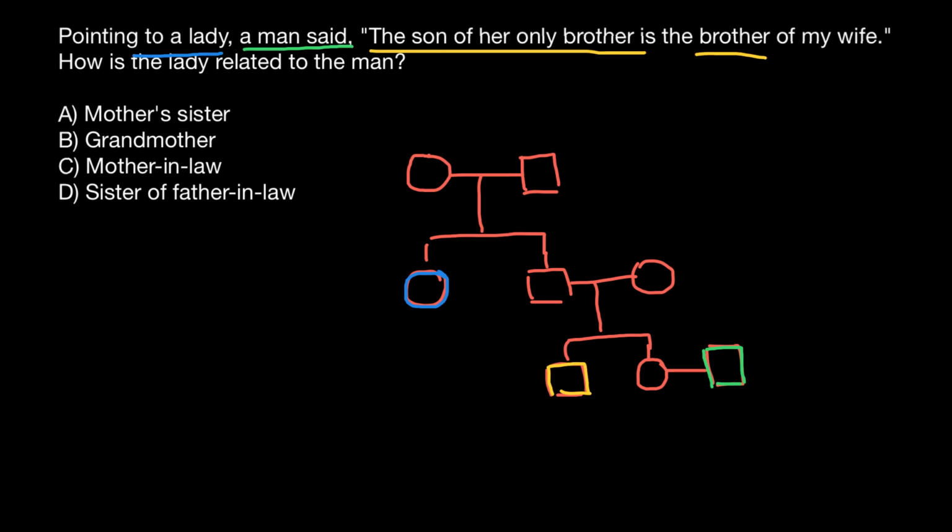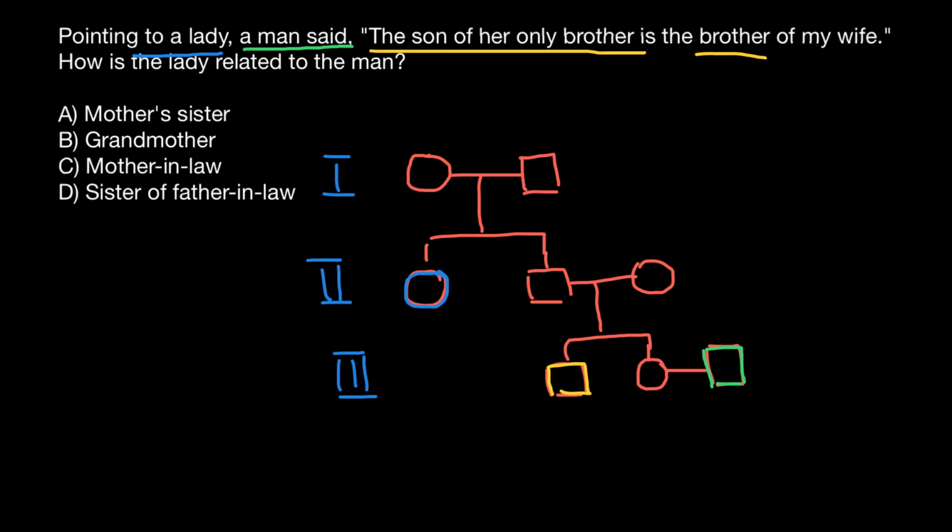Grandmother: we have here three generations: generation 1, generation 2, and generation 3. And in order for this person to have a grandmother in this pedigree, he should refer to someone in the first generation. But we see that these two people are in generation 2 and 3.